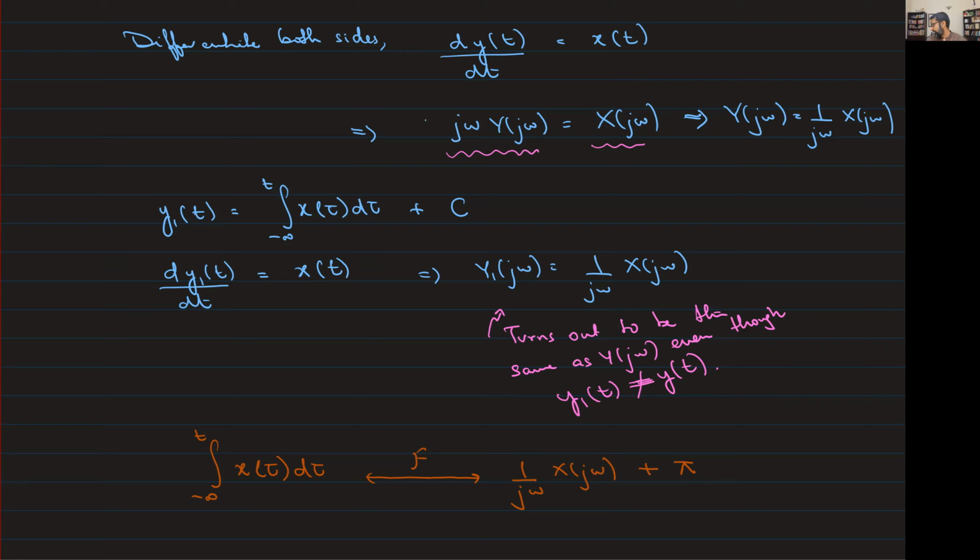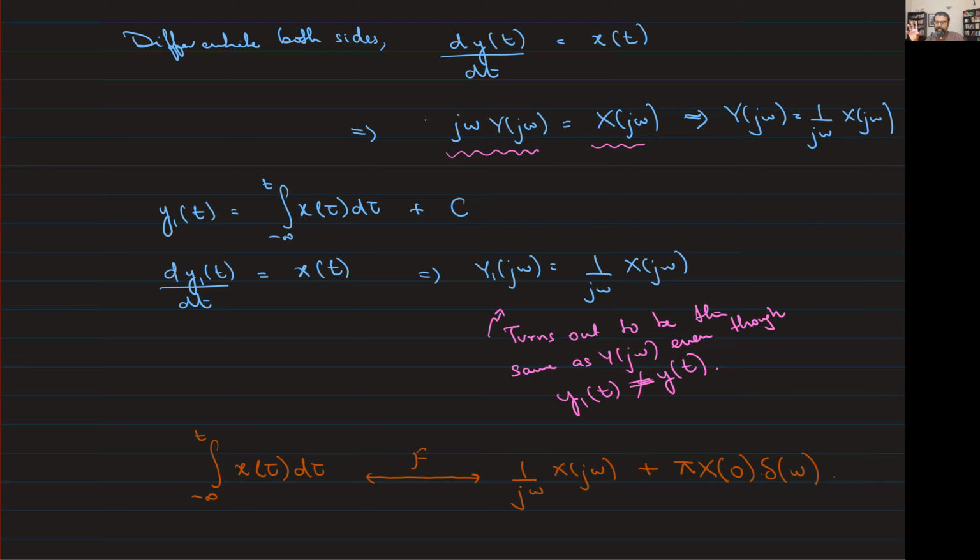And that turns out to be, without the proof, equal to what x was at frequency 0, times delta of omega. So the signal that you're integrating has some DC component residing at omega equals 0. That actually contributes to an impulse residing at omega equals 0 in the frequency domain.